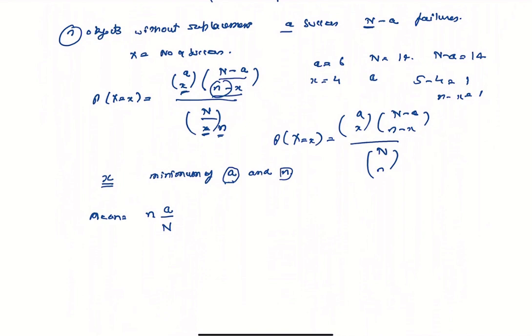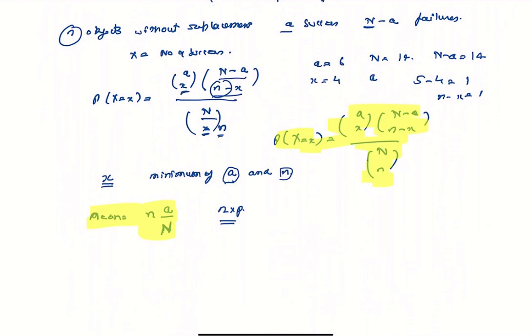So a over N is basically just the proportion of successes there. It looks very much similar to n times p, which is the binomial formula for expected value, but this is the hypergeometric formula.